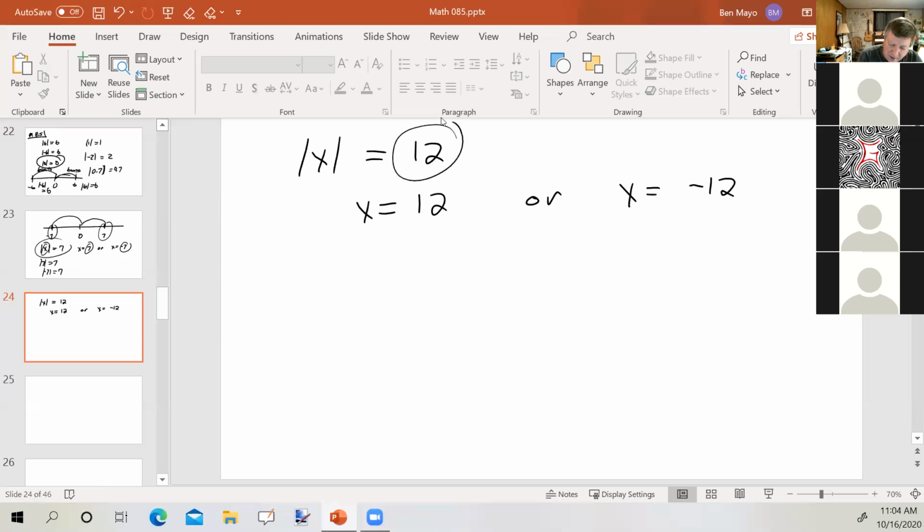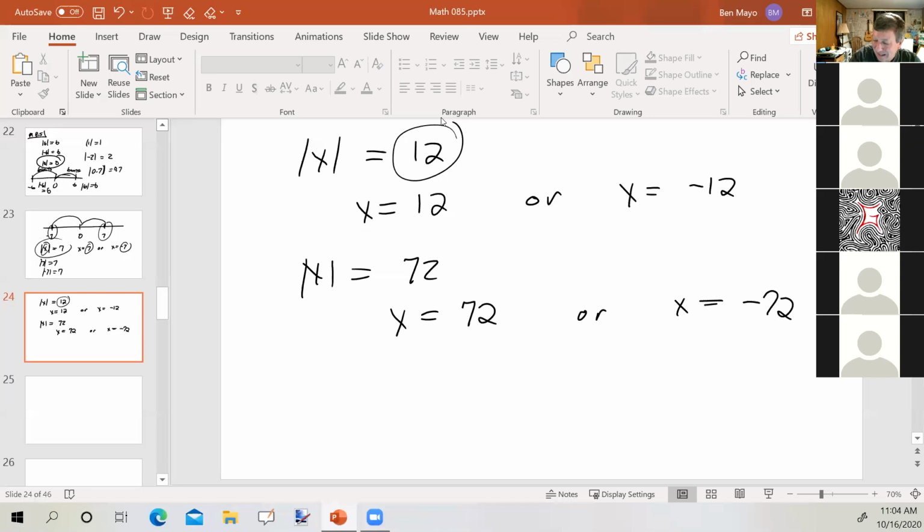So x could be this number, or it could be the opposite of that number. What if I said the absolute value of x is 72? Well, then x could equal what? 72 or -72. All right, are you seeing a pattern?